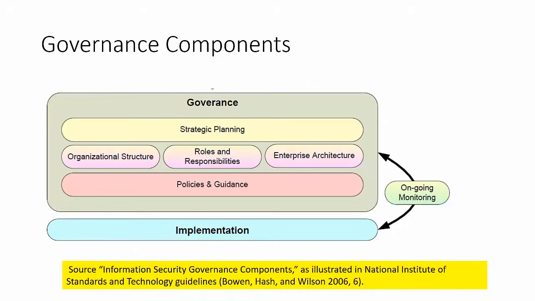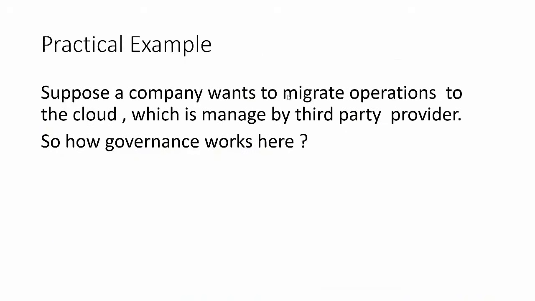Let's take one technical example of governance. Suppose you have a company and they want to migrate their operation to the cloud, which is actually managed by a third-party provider. So how does governance work? Let's take an example. You're running a company called ABC. You already have a data center. You have servers on-prem.